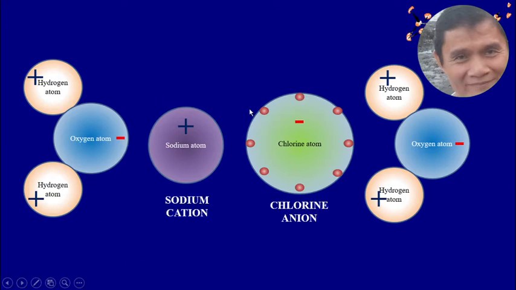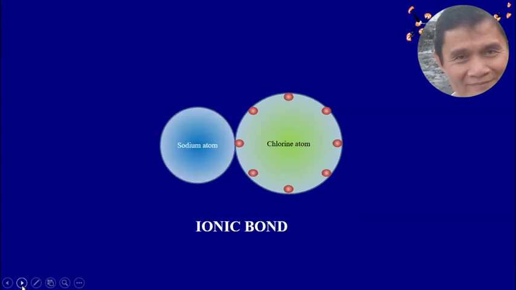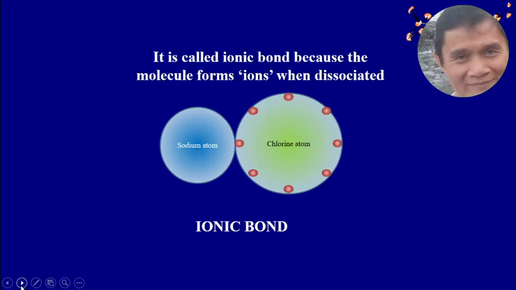So, the dissociated sodium atom usually referred to as the sodium cation, and the chlorine atom is the chlorine anion. And together, they are actually bonded together using what we call the ionic bond. And these are called ionic bond because it forms charged particles pag nag-dissociate.